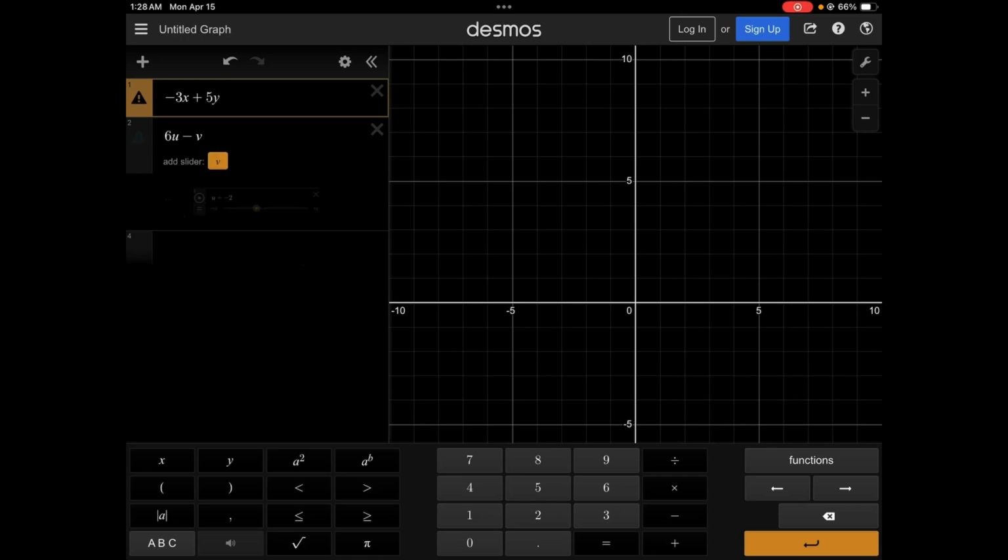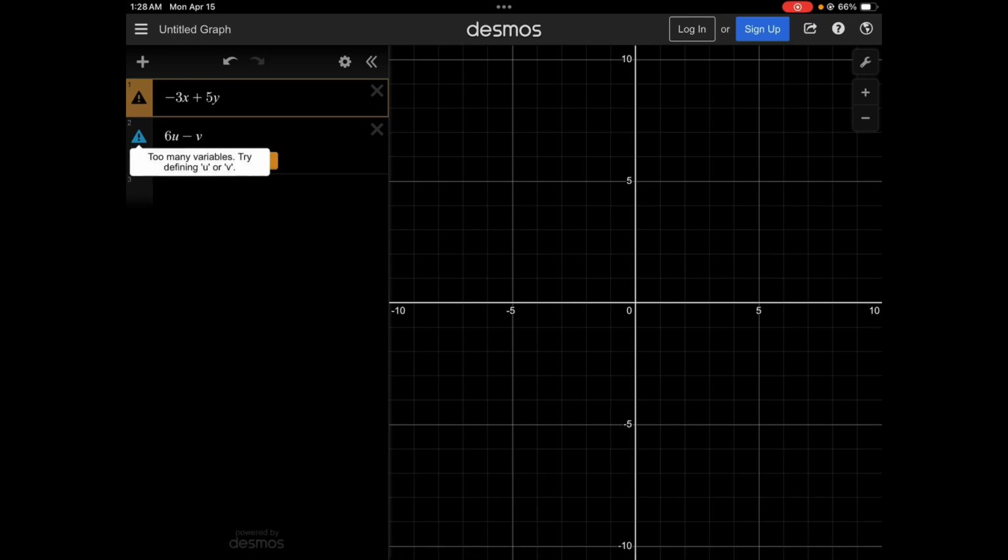Okay, as opposed to when you put u and v, it's going to tell you you have to define u and v, but it doesn't ask you to define x and y. So you have to change the letters from x and y to something else. U, V, A, B, C, D, anything. Also, E is not a good letter to use because E means something else.